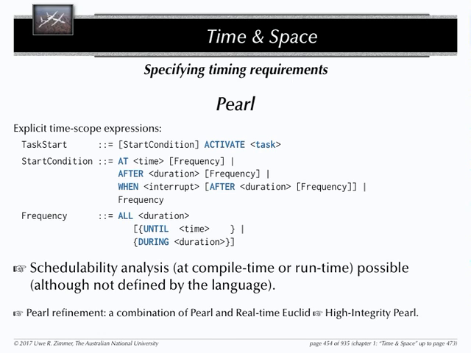And schedulability analysis here is possible, but not guaranteed by the language. It's not part of the language standard. Of course, PEARL, coming from a German environment, they standardize things straight away, but this is not part of the PEARL standard. An interesting combination of PEARL and Real-time Euclid led to High Integrity PEARL, but this is also just barely a standard which has, to my knowledge, not been picked up in industry in any sensible way.